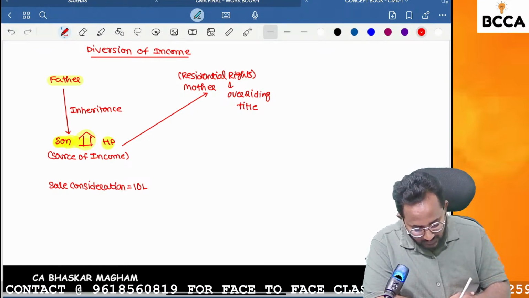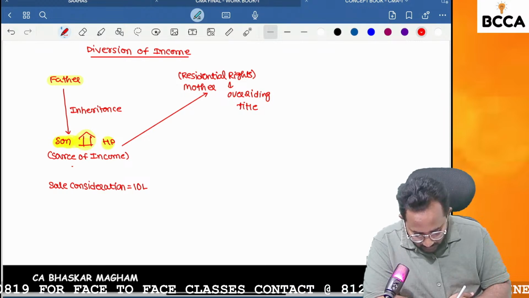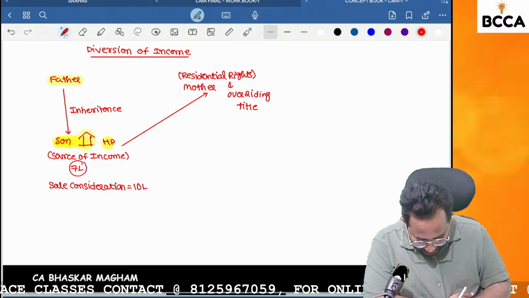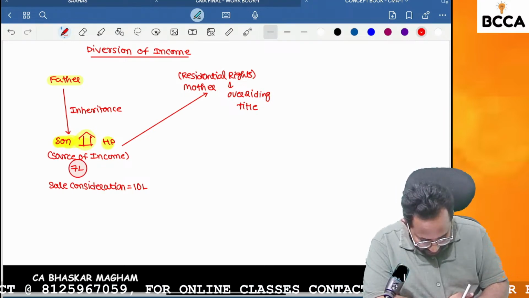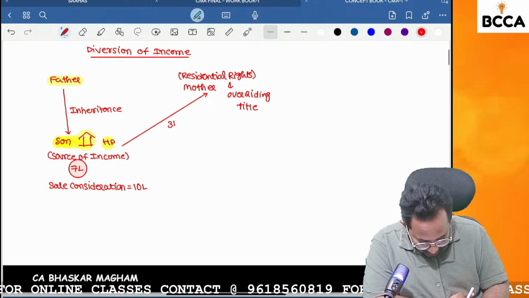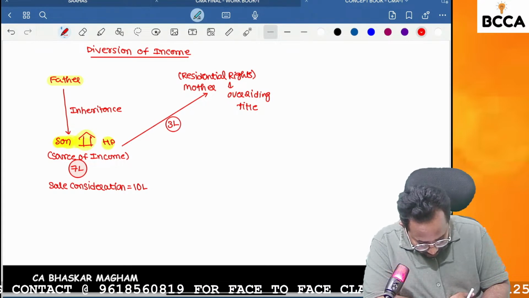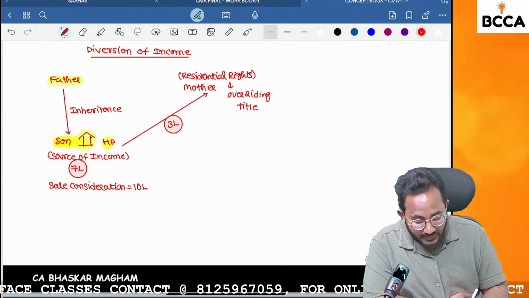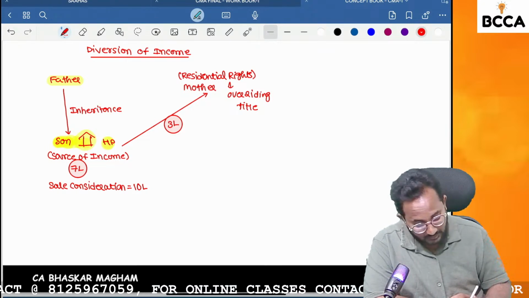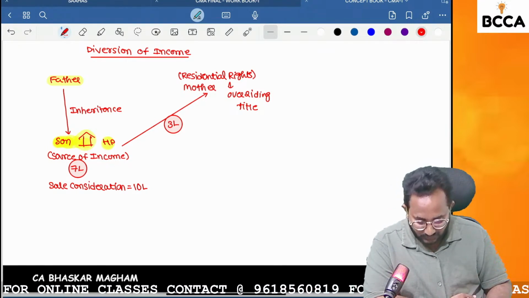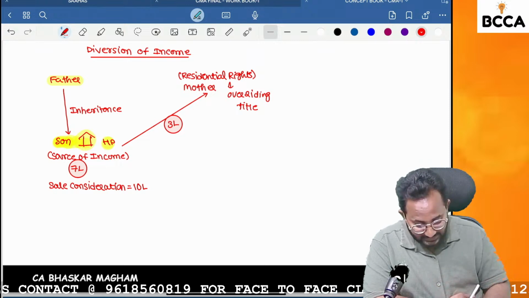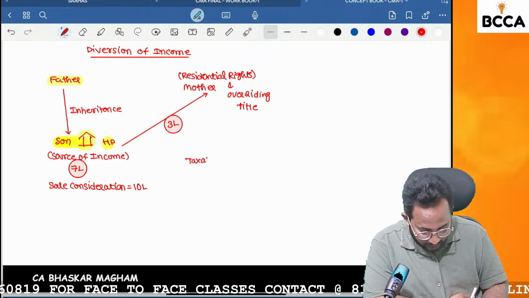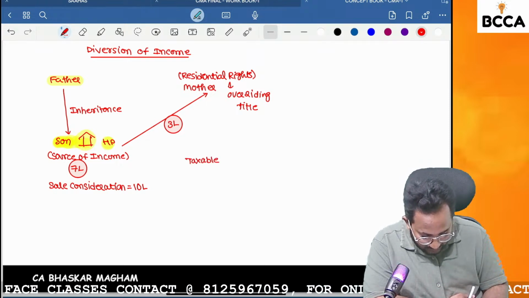You keep 7 lakh and deliver the remaining 3 lakh to your mother, because she has her rights. Now, how much is taxable in the hands of the son?